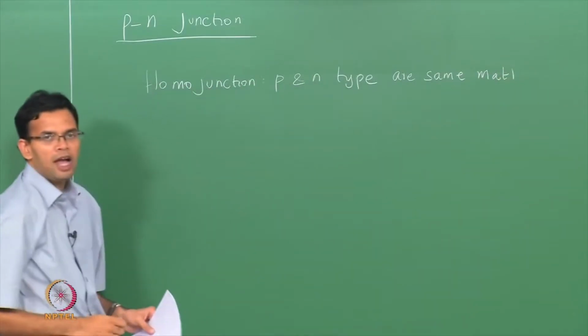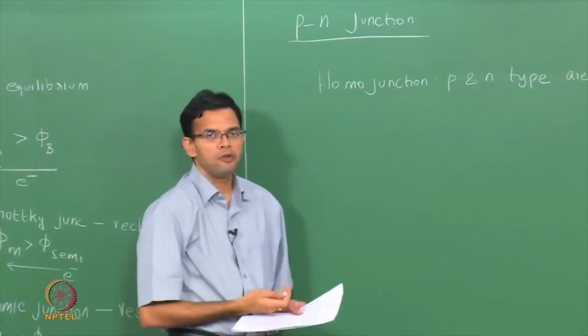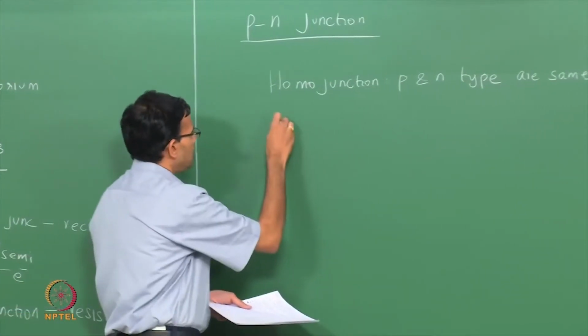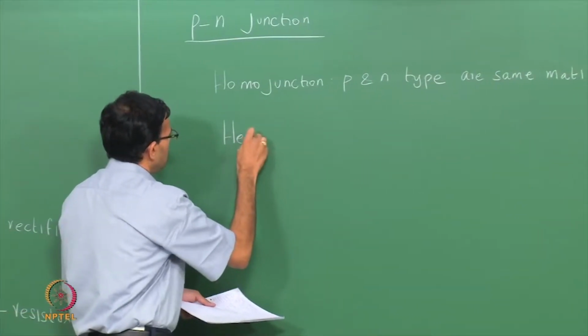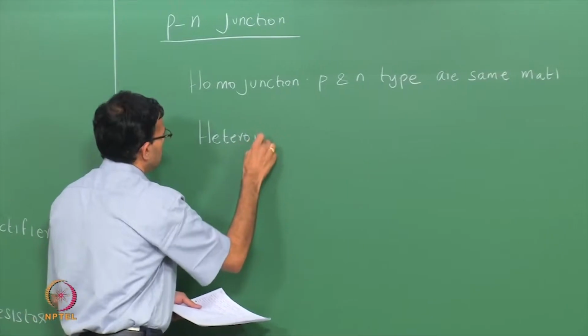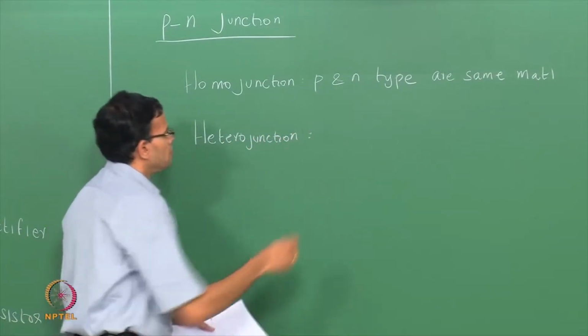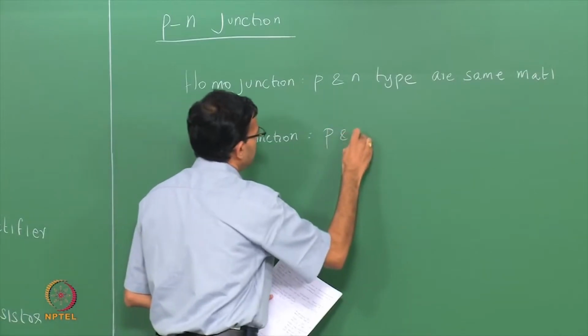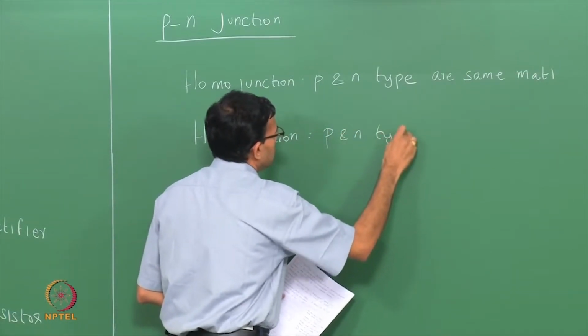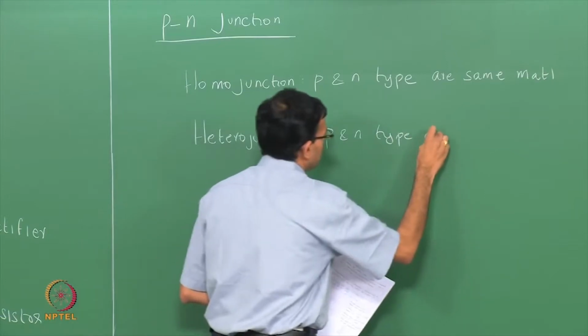We can also have a junction formed between different materials, and such a type of junction is called heterojunction. So, in this case p and n are different materials.